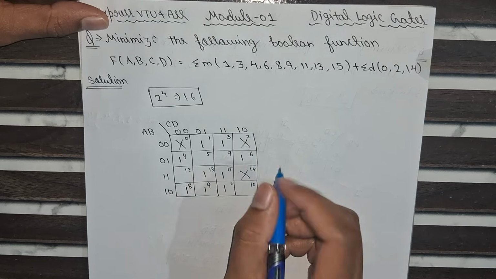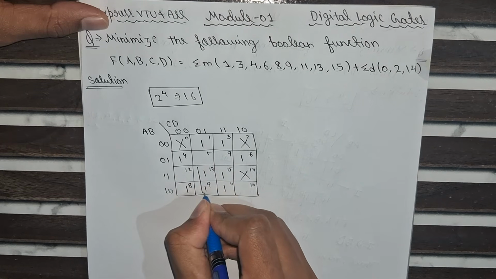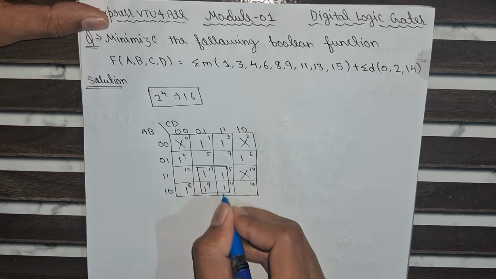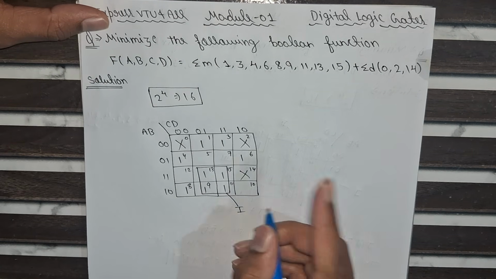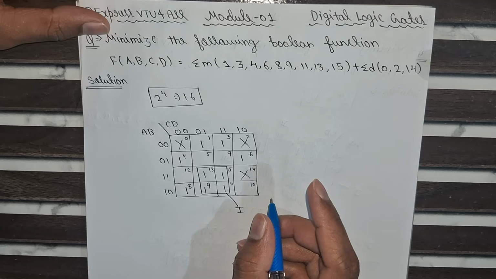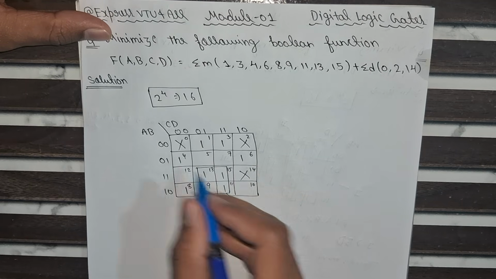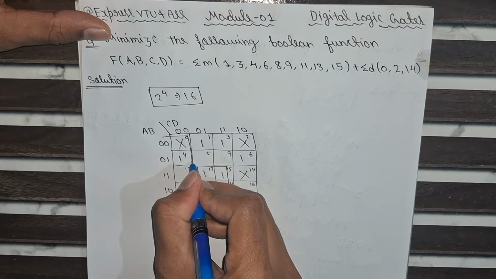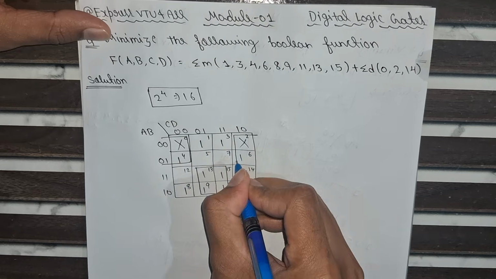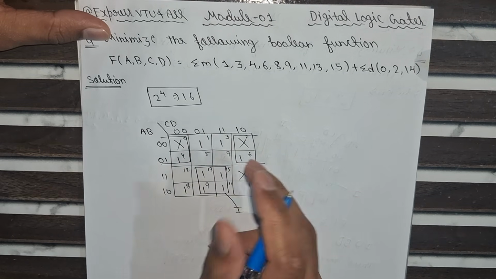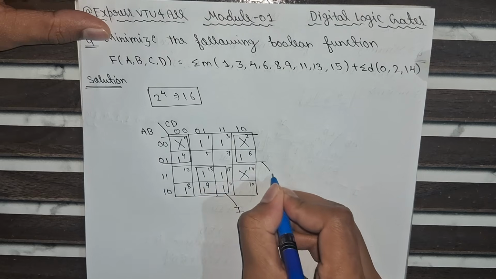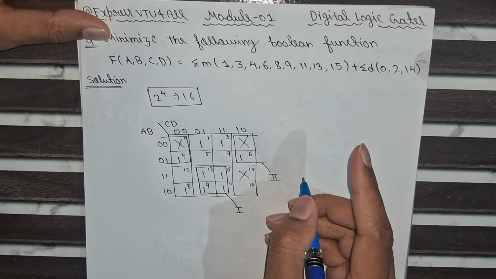So we directly see that these 4 elements we can make a group, so we can name this the first group. Now another group of 4 we can make by using a don't care value, these two and these two. If we fold this paper, these will become a group of 4, so we can name this the second group. Any other group?